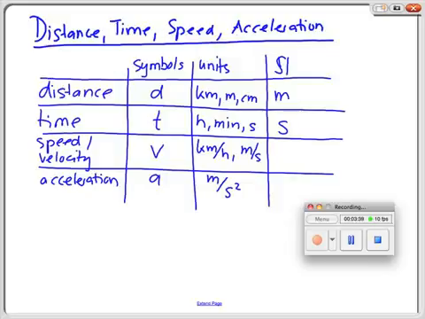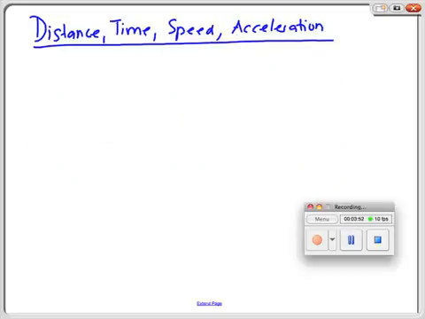Now let's have a look at the formulae. And I'm going to extend the page here a bit. Now, first of all, you have the formula: the speed or velocity equals distance divided by time. What does it actually mean?